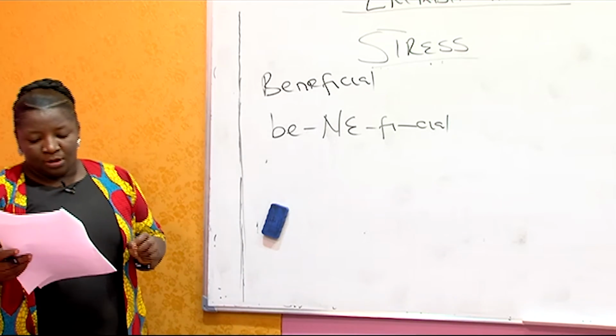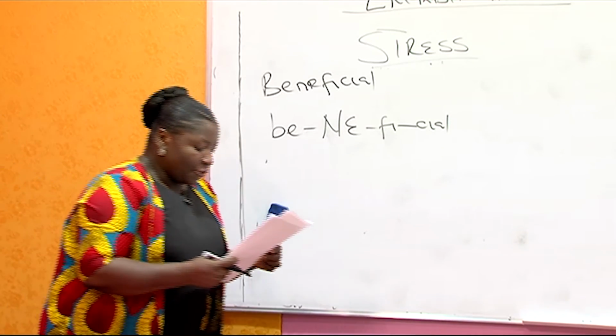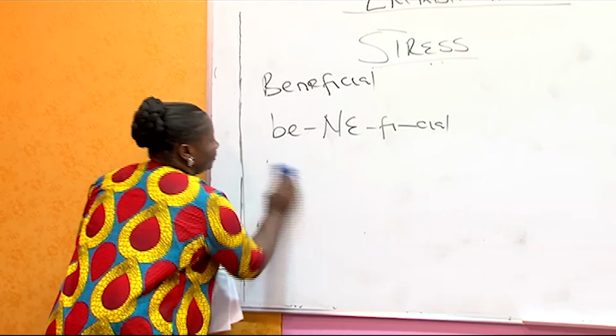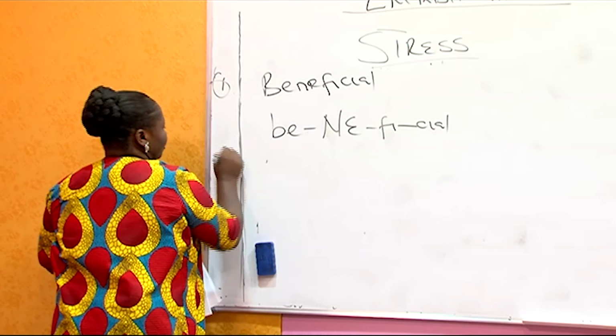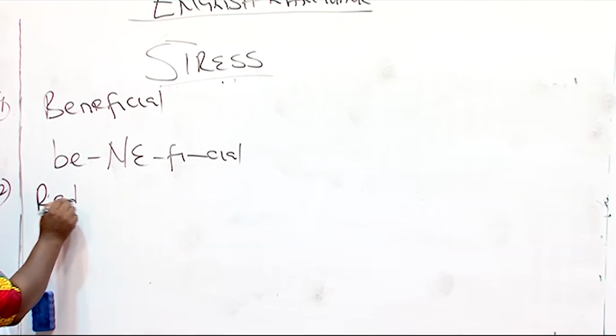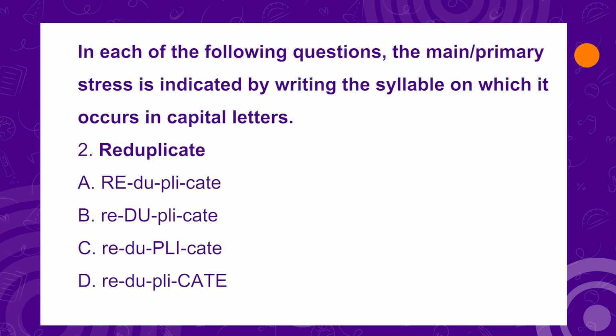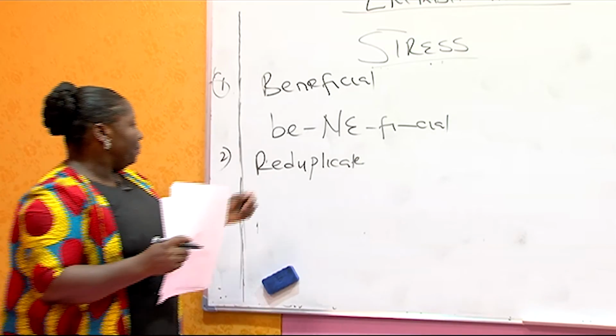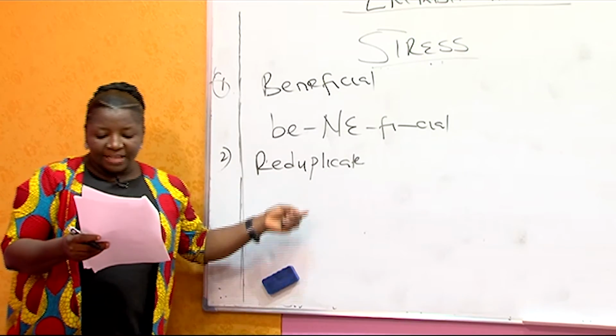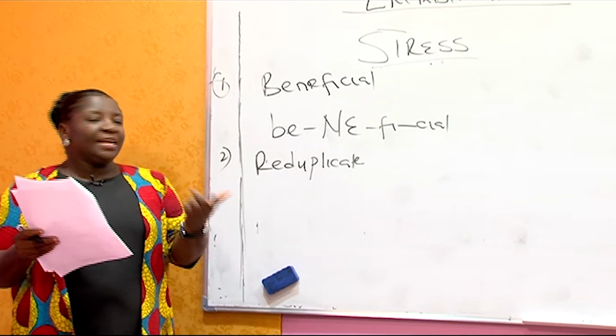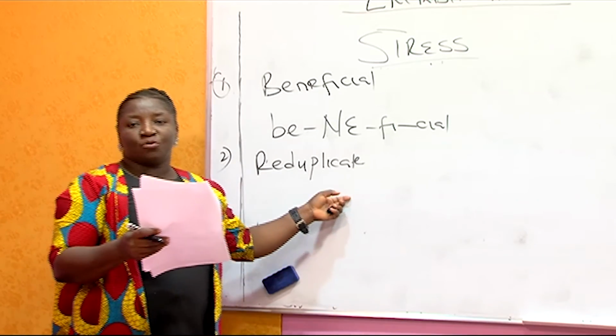Number 2, we have the word reduplicate. Now, as a way of placing stress in the word reduplicate, it is the PLI, that is the third syllable, that receives the primary stress.